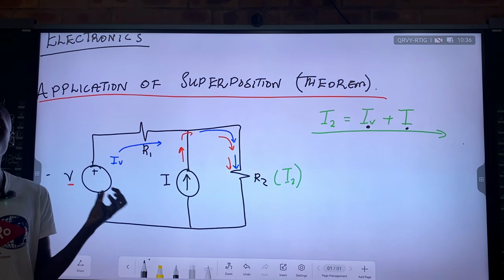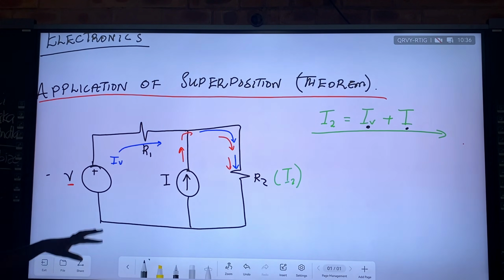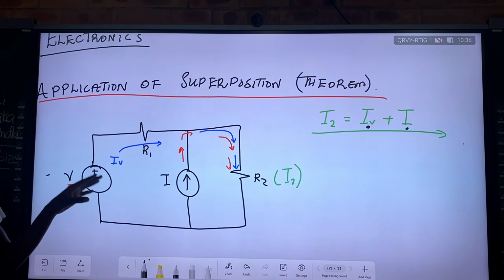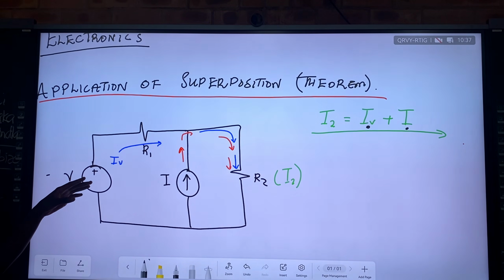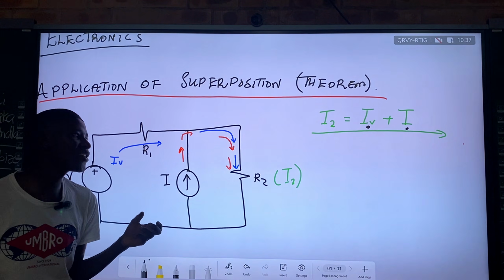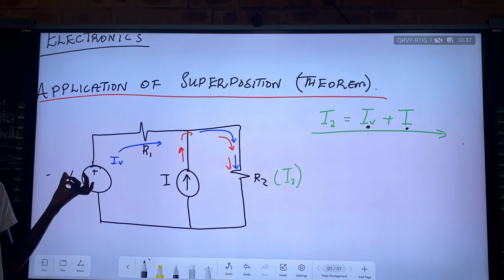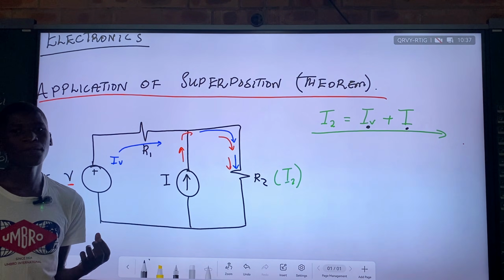Then we are going to add them up together. So we only apply superposition when we have two or more sources. The total current that is going into the resistor R2 is actually the sum of the currents coming from the first source and the other source.